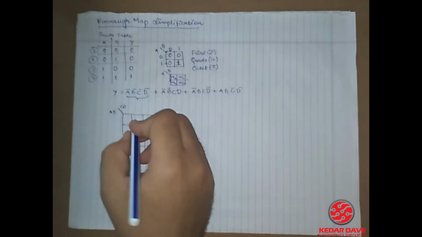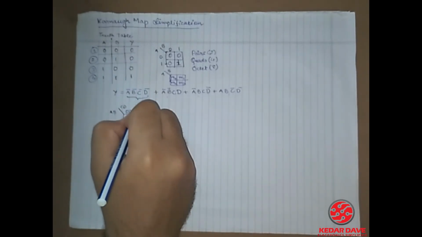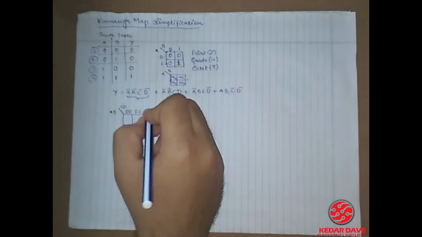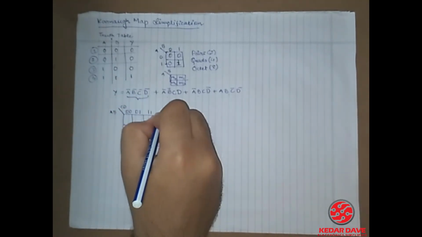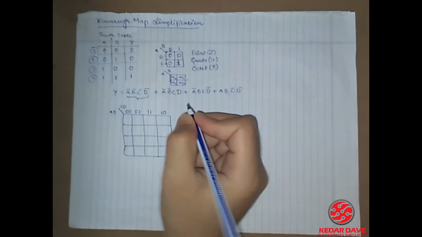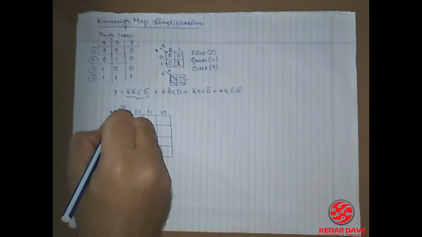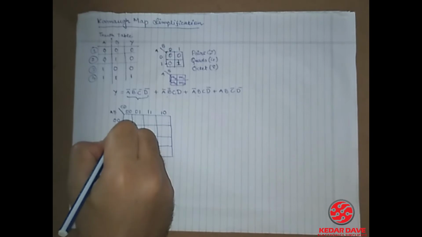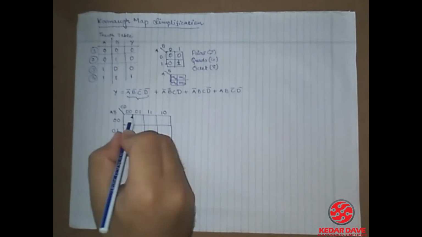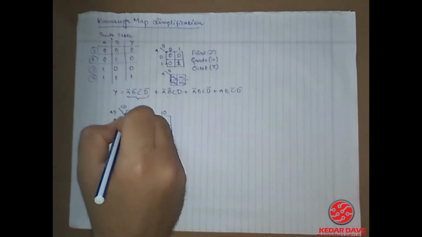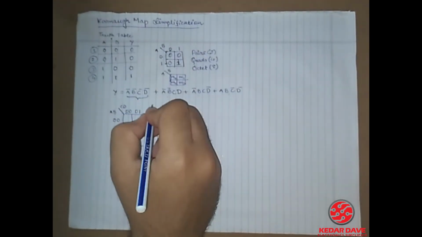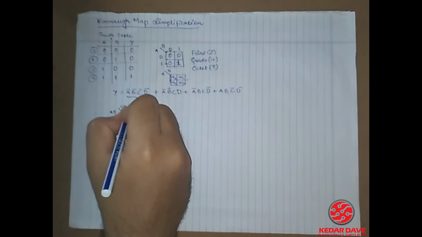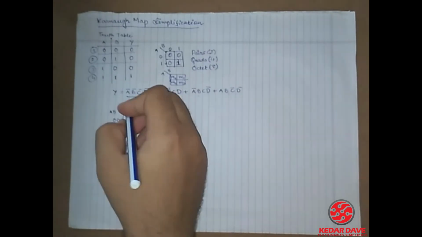Remembering the previous lecture, what we need to write is 0 0, 0 1, 1 1 and 1 0, right? Over here we can write 0 0, 0 1, 1 1 and 1 0, same as over here. We can write these terms, for your understanding, as A bar B bar.